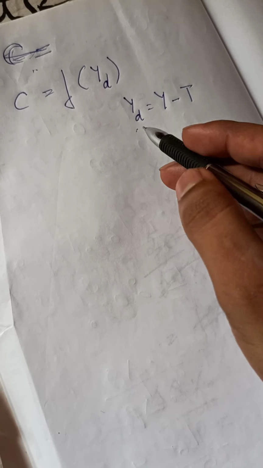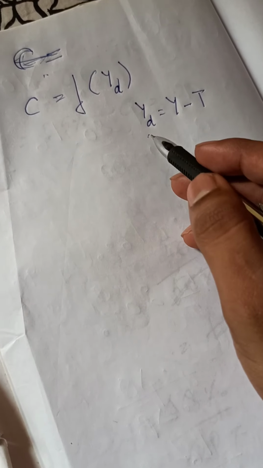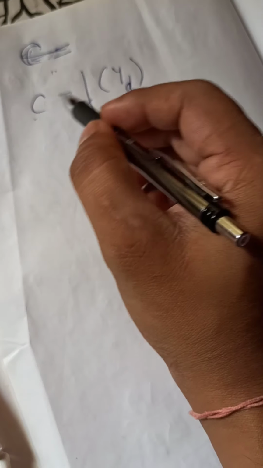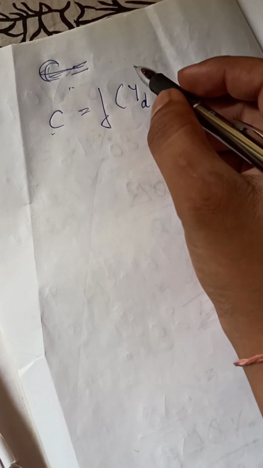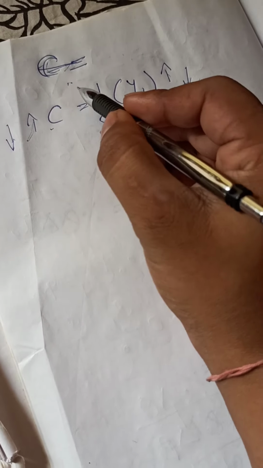So disposable income is that 18,000, and these two variables, consumption and disposable income, share a positive relationship. If disposable income increases, your consumption expenditure also increases. If it decreases, it also decreases. So there is a positive relationship between these two variables.